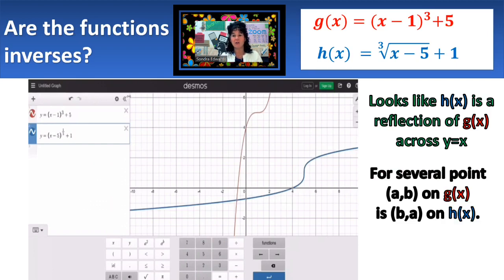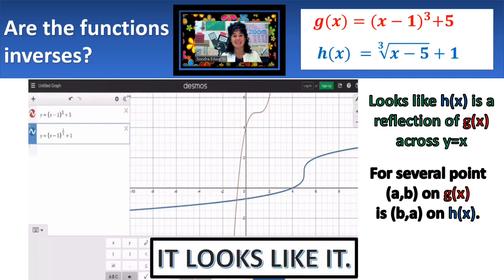We checked out several points (a, b) on g of x, and we noticed that on the h function, those same points became (b, a). But what we've done here amounts to because it looks like it. We have a strong inclination that these two functions are inverses of each other, but we have not checked every single point that could possibly be on this function.